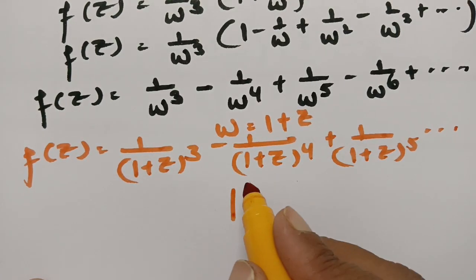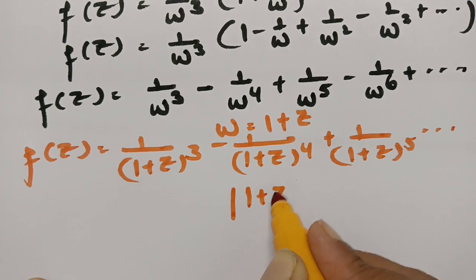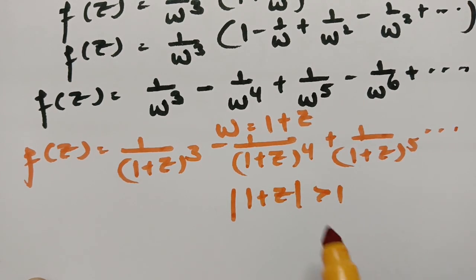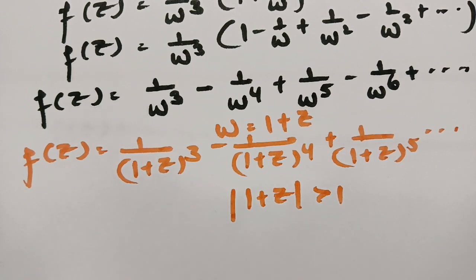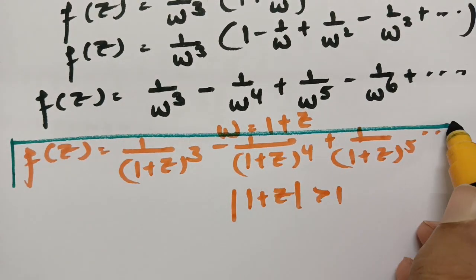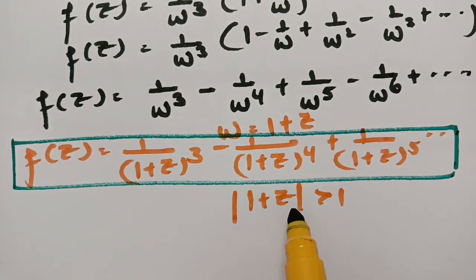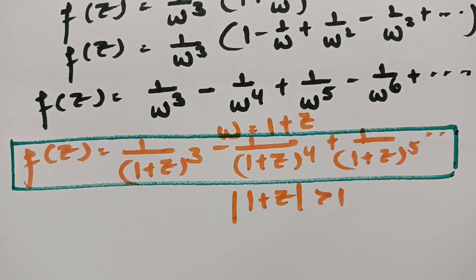So this is the case where modulus of 1 plus z is greater than 1. This is the Laurent series expansion of f of z for the region modulus of 1 plus z greater than 1.